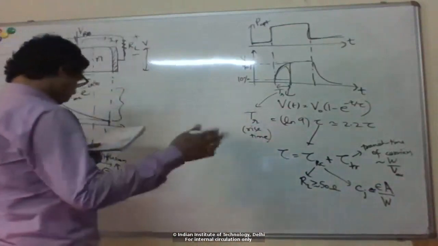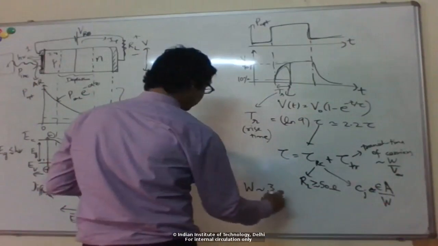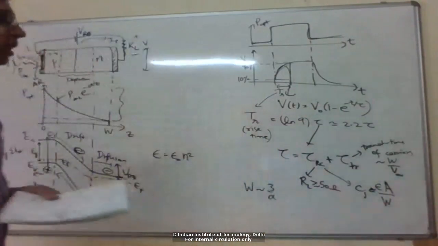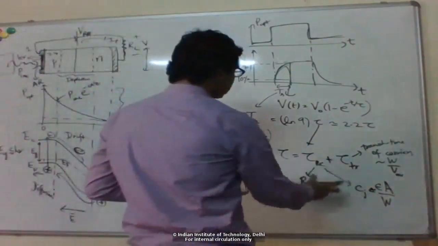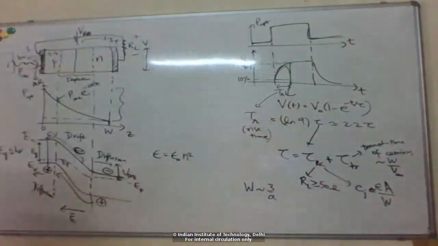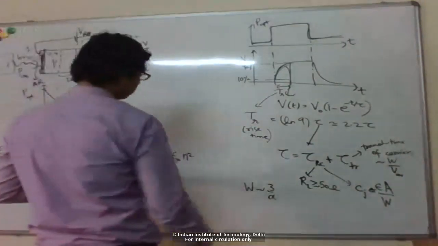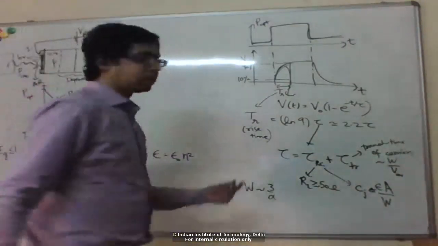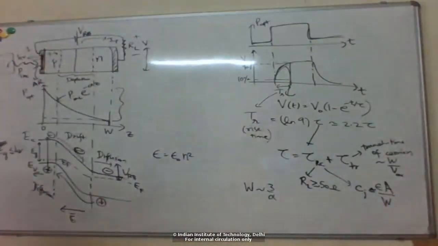One rule of thumb which is used, like we said, is to make it 3 times the penetration depth, where now you have equal contributions from the RC and the transit time. As I said, typically this W is between 3 to 10 microns for typical InGaAs detectors that are used.